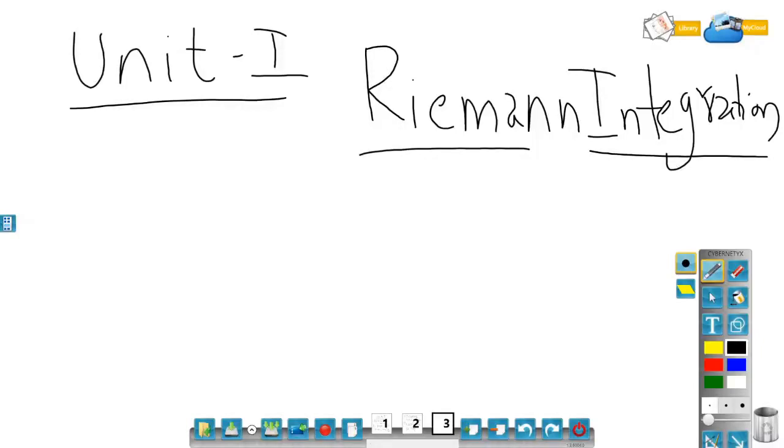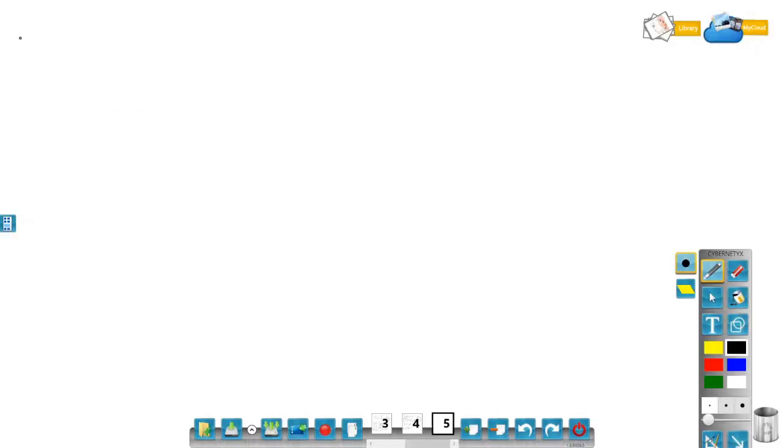So you were using only integration. Now onwards, instead of saying integration, I'll say Riemann integration. So why Riemann integration? Riemann was a scientist who gave the concept of integration. To honor that scientist, we will say Riemann integration. Or sometimes I may say R integration, R integrable and so on.